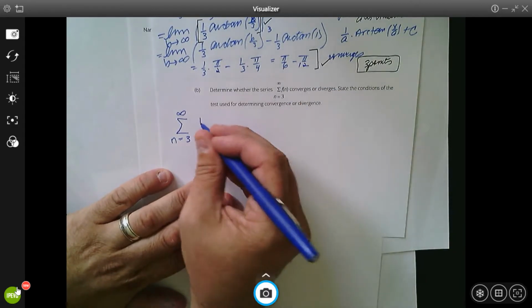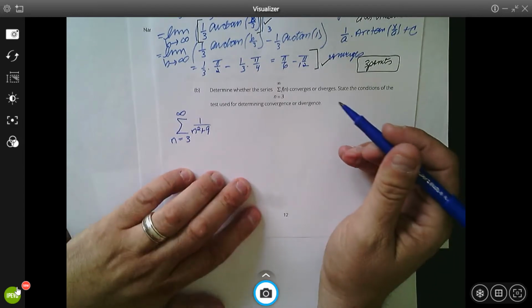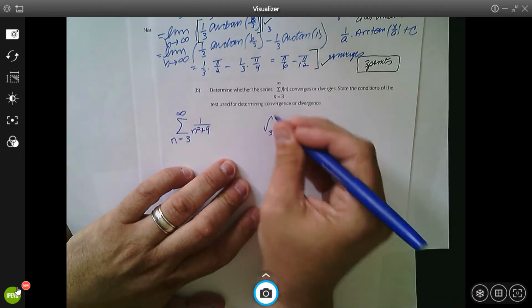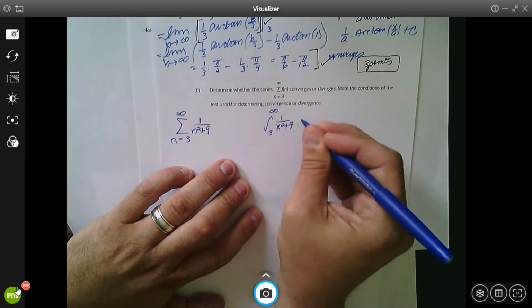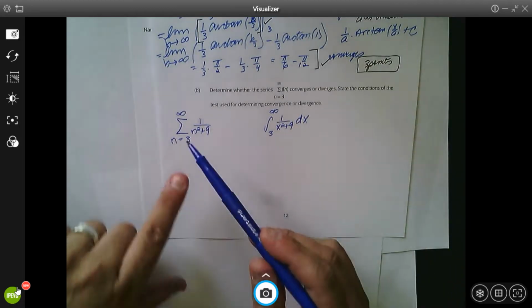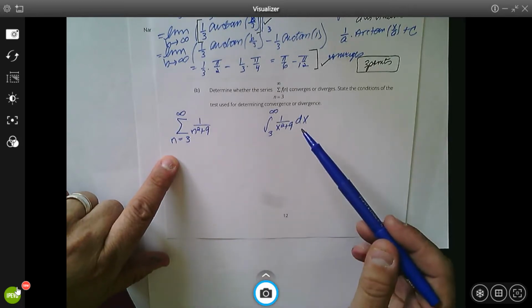Well, that is the series 1 over n squared plus 9. Look at what we just did. They asked us in part A to evaluate the integral from 3 to infinity of 1 over x squared plus 9, but now they're asking us about the series. What's the connection between these two?